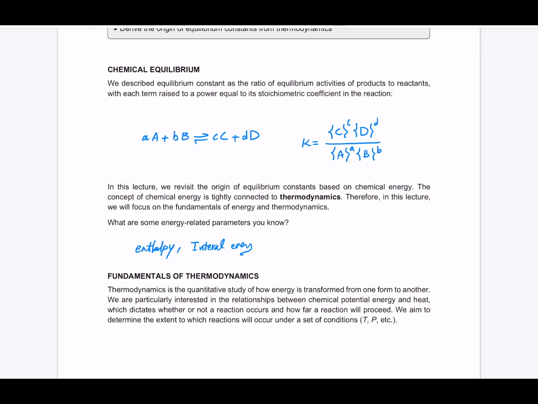What was that? Chemical potential energy. So chemical energy. This is also something that we're going to talk about today. Also entropy, something that is related to energy. And these are just some examples of terminologies related specifically to energy.